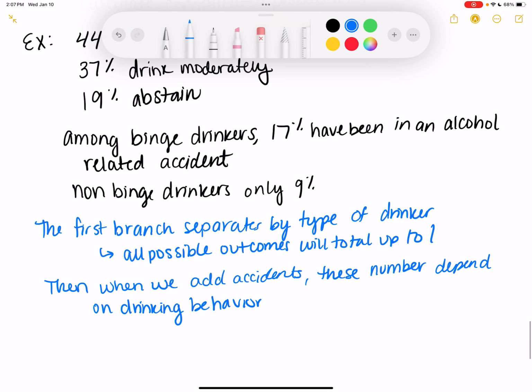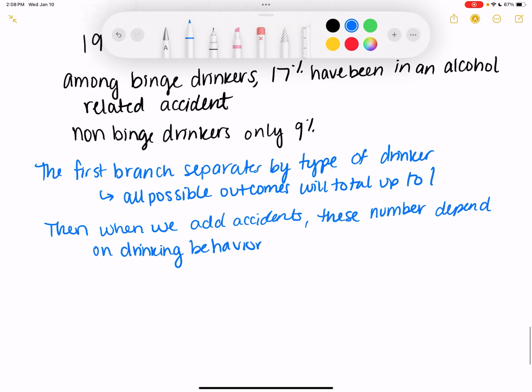But if 17% have been in an alcohol-related accident, what do we know? How many have not? So 83% have not. So those numbers are still going to total up to 1 within that next branching of things.